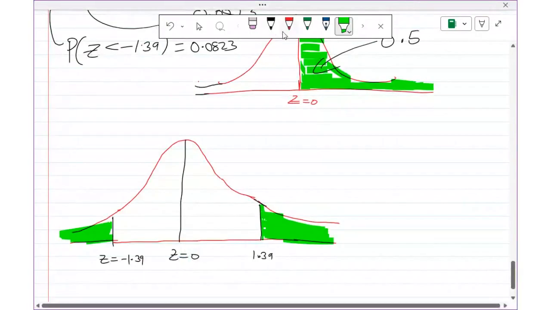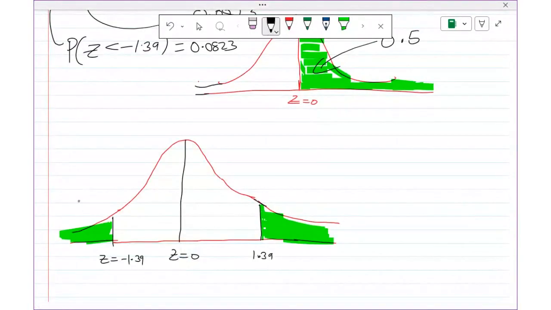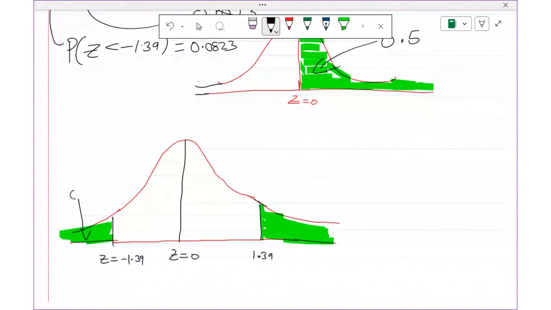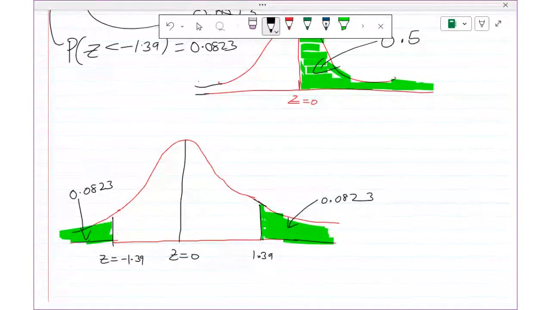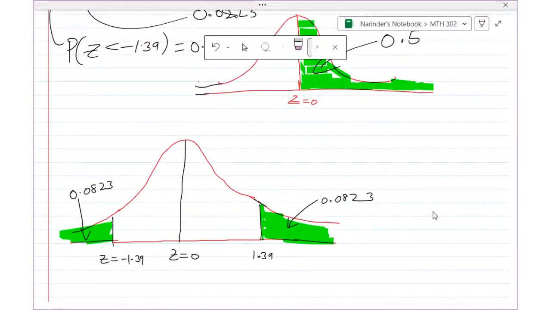So how much area was there on this side? 0.0823. So if you know the left side area, you can also know the right side area on the positive side. So this will also be 0.0823. And if you know the area on the right side, then you can also know the area on the left side of minus 1.39. Now we have to use this logic with the second table.